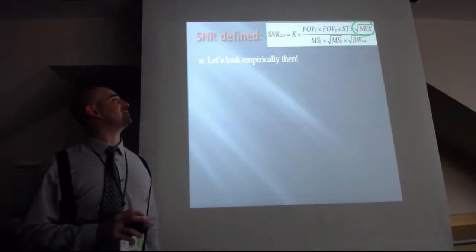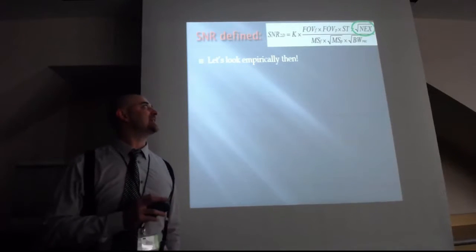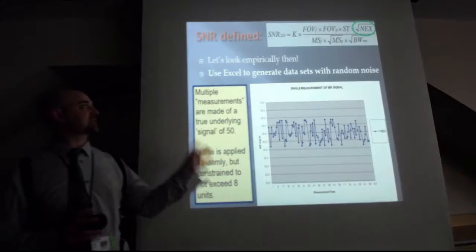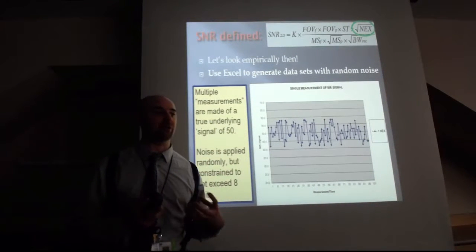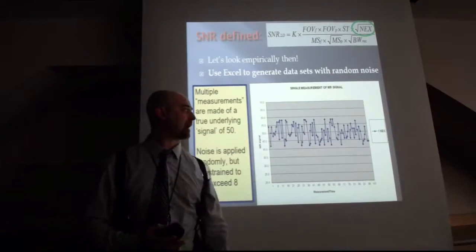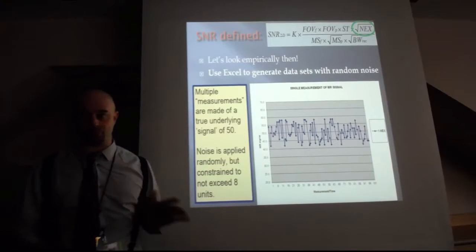So instead, let's do something a little more fun, or I think is fun. We're going to look at this empirically. Basically, in Excel, we can generate data sets. Let's say we're just trying to image something where the signal intensity should come out as 50, right? But then we add a noise function to superimpose upon it.